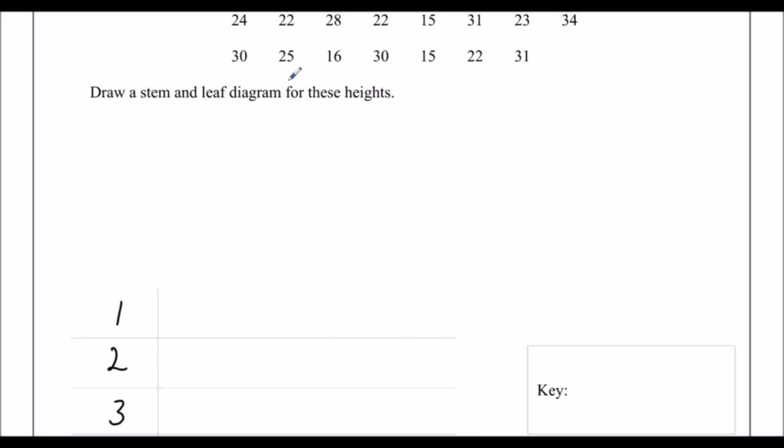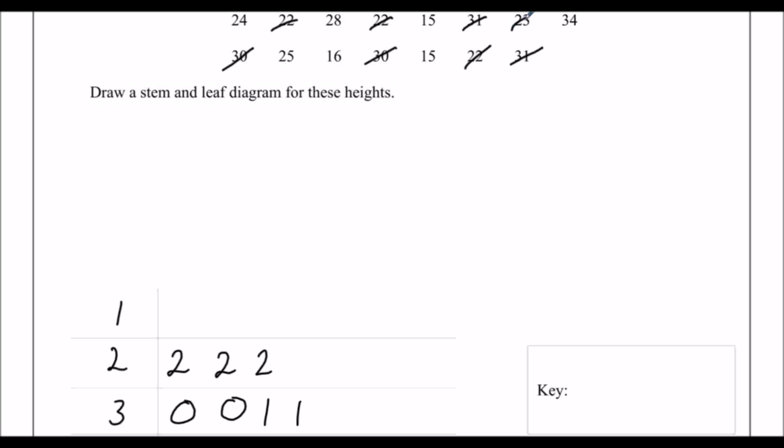So for 0 in the ones, we've got 30 and another 30. There are no more zeros. For 1 in the ones, we've got 31, 31 again. There are no more ones. For 2s, 22, 22, 22.